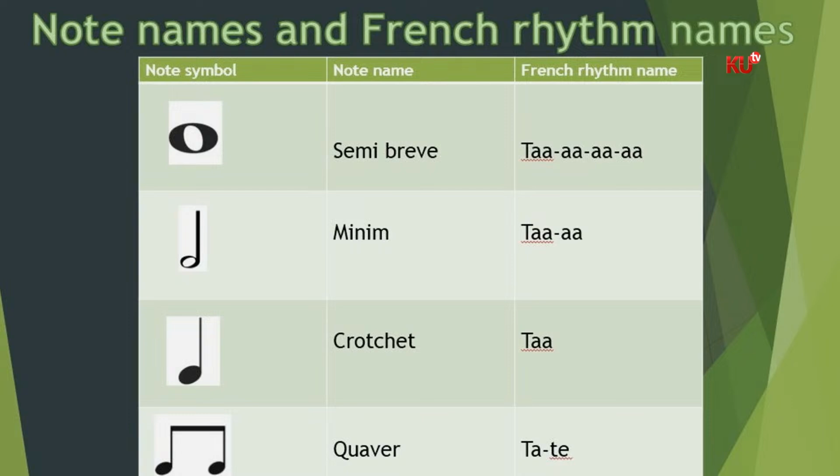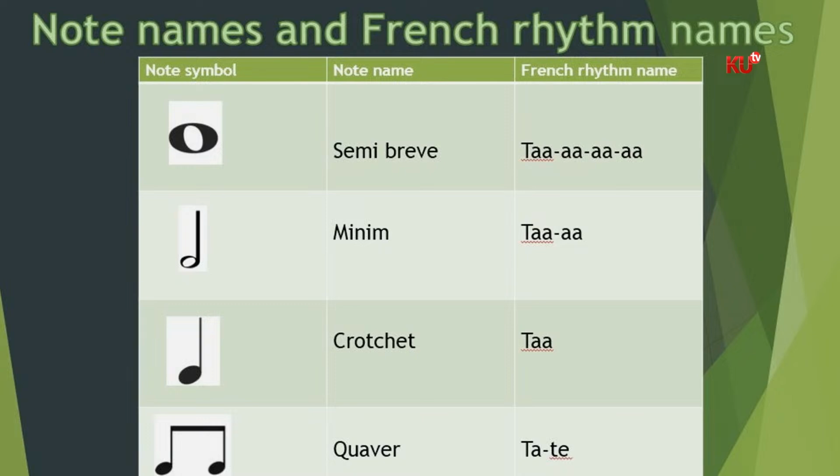Then the French rhythm name for the crotchet is ta. Then for the quaver, remember, as I said, they usually accompany each other and are written in twos. So the French rhythm name for the quaver is tate, written that way.